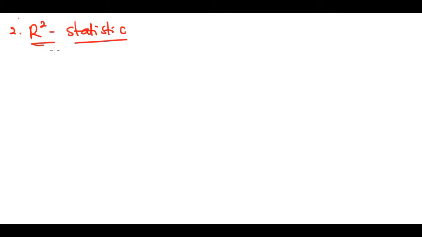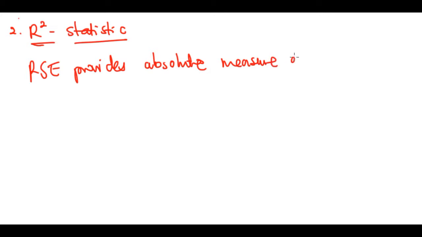Why is there a second method? It is because the RSE provides what is called an absolute measure of lack of fit, right?